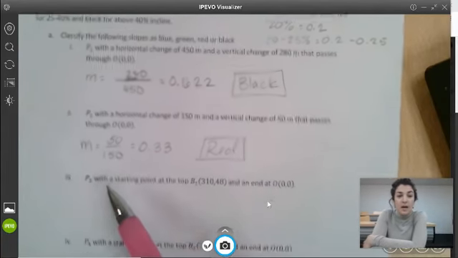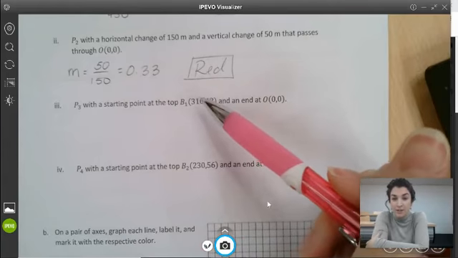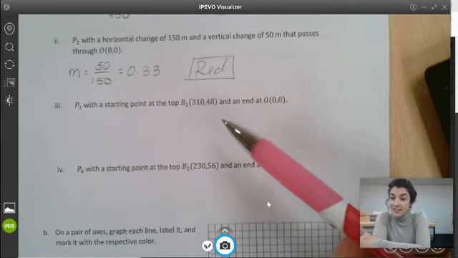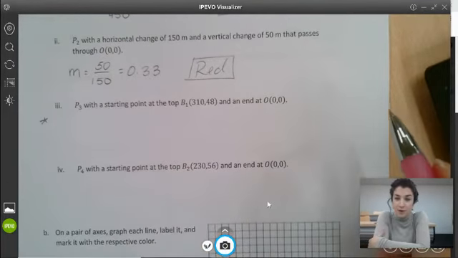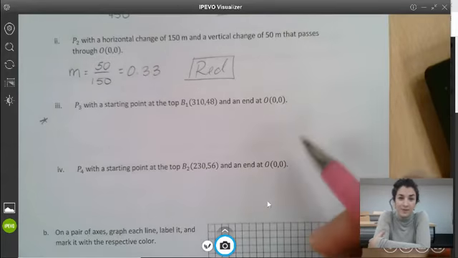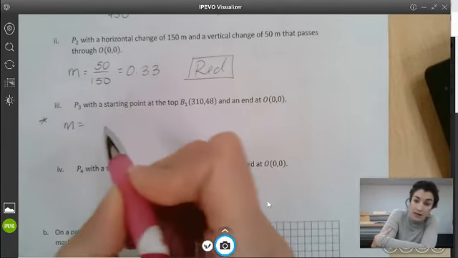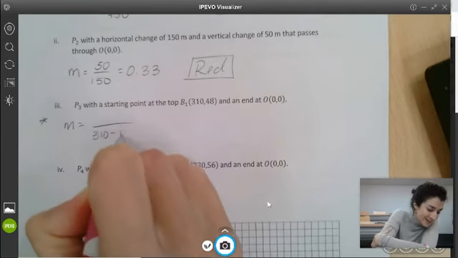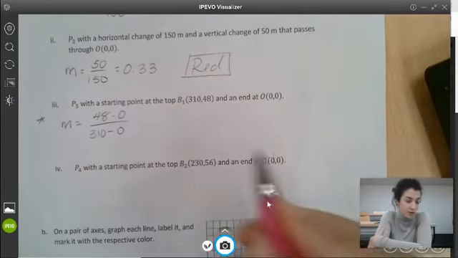Okay, we are represented this data in a different way. We're given the very top of the slope, and then the end of the slope, which means we're just given 2 points. Make sure that you're consistent in your subtracting, and I want you to go ahead and find out what the slope is for part 3 of A. Okay, so as long as you're consistent, you could do 0 minus 310 or 310 minus 0 in the denominator, because that's your x value, and then your y value just needs to also follow suit.